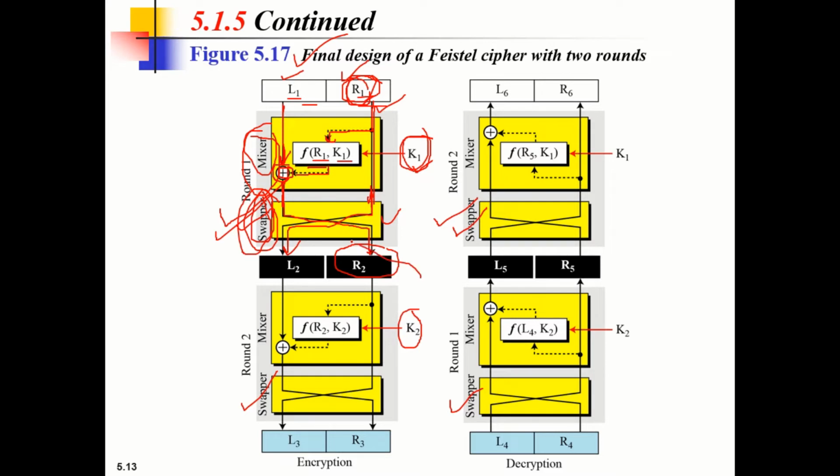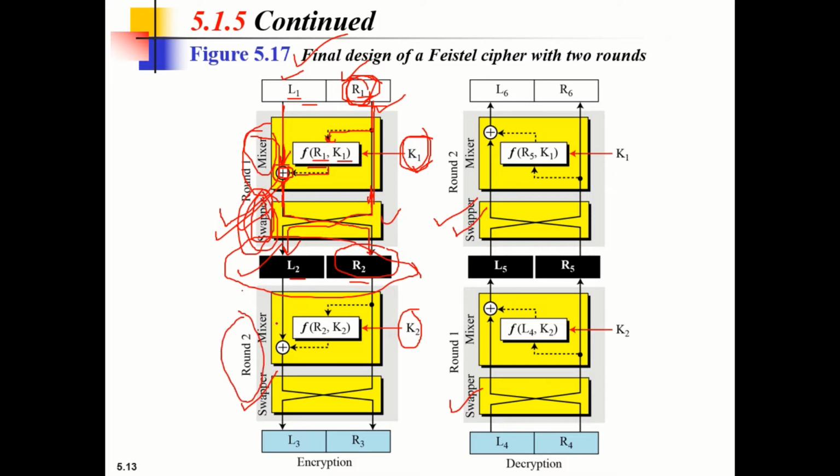Now at this stage we have this middle text with us. Middle text, I told you, is the intermediate text when we use multiple rounds in this structure, right? So now this L2 and R2 will act as input to the second round, which is over here.